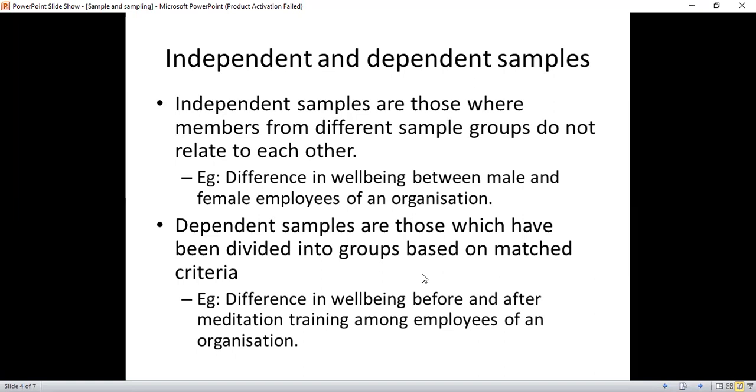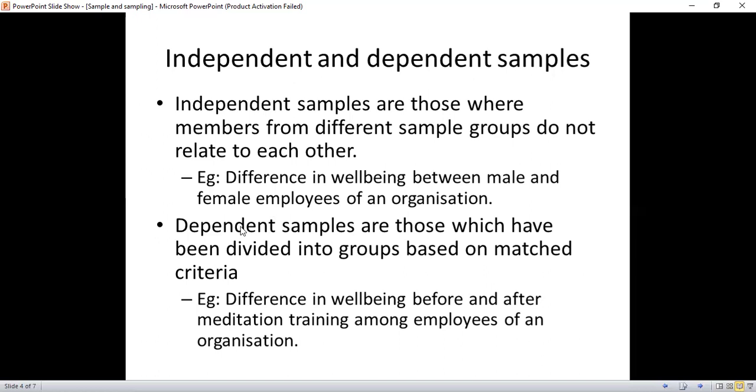However, we are collecting data from both, and through statistical analysis, we are seeing if there is a significant difference between the well-being scores of males and the well-being scores of females. These are two samples that are independent of each other. The most highlighted difference that we can see here is the gender difference.